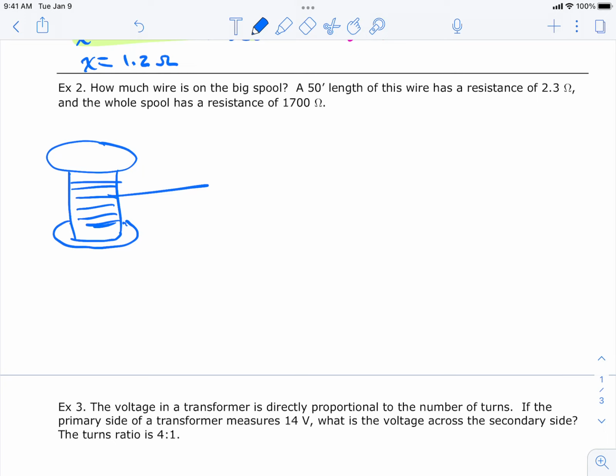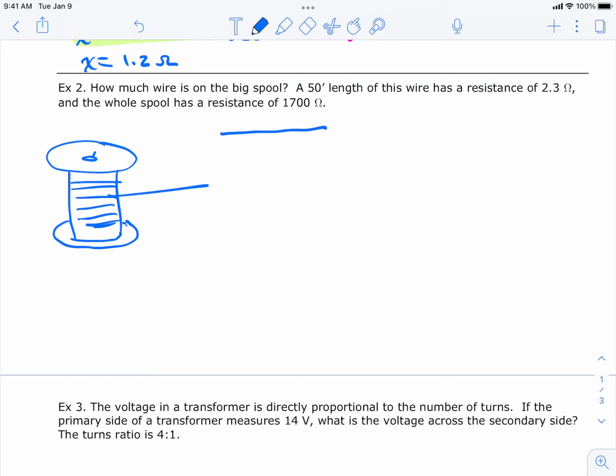You want to know how many feet are left. What you can do is take your cutters and cut off a length of that wire. Let's say you cut off a 50-foot length, and you measure the resistance of that 50-foot length.